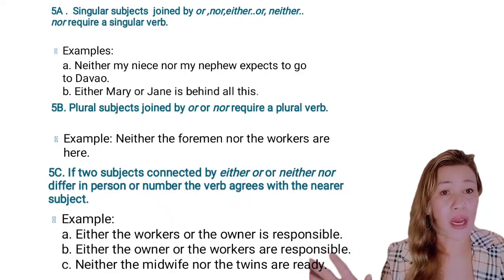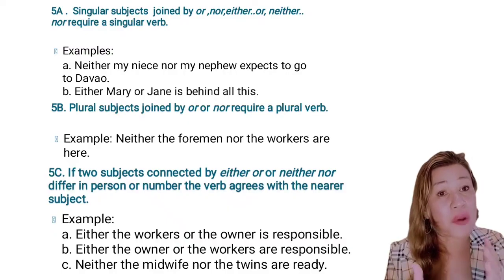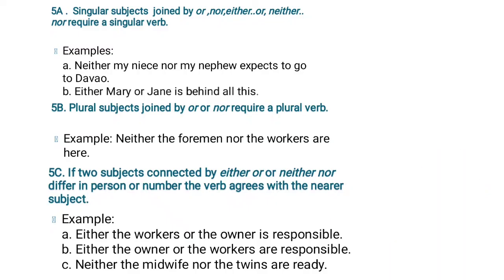If you have a condition of mixed nouns being connected, then the one closer to the verb will agree with the verb. That means if the subject closer to the verb is singular, you need a singular verb. If the subject closer to the verb is plural, then a plural verb is needed.